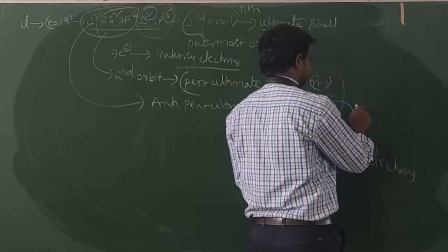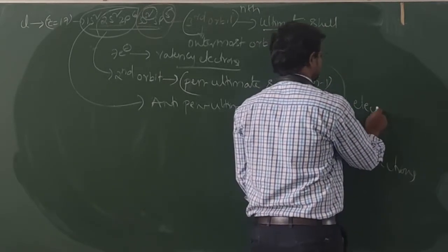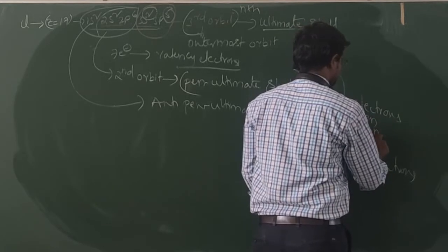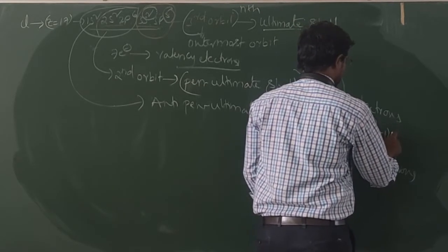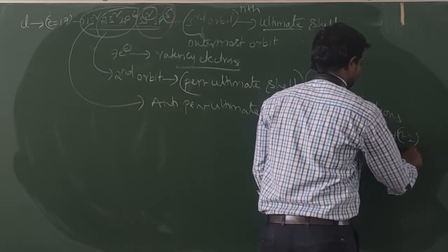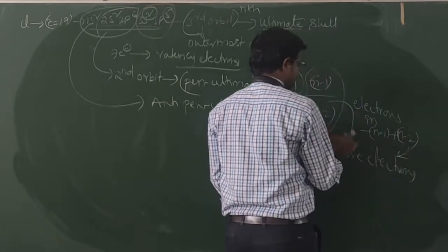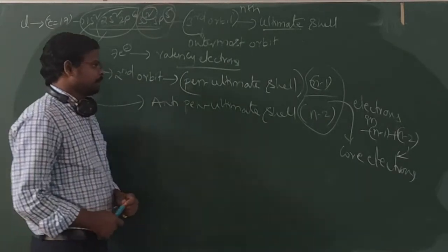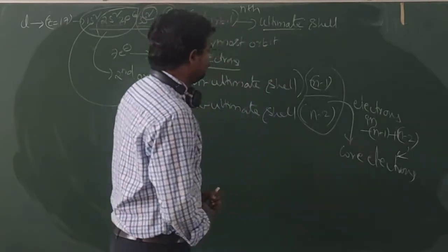Electrons in n minus 1 and n minus 2 are called core electrons, or we can say inner electrons.